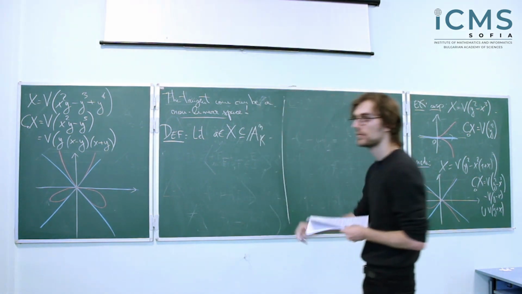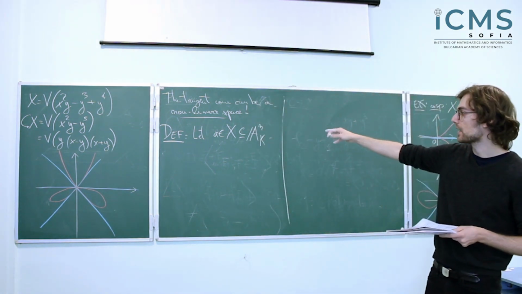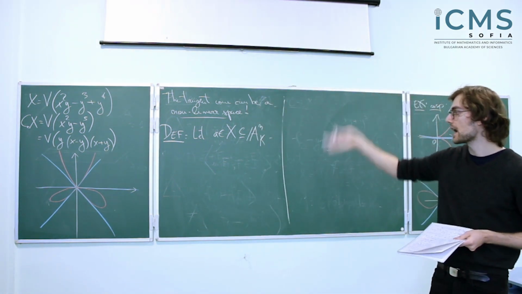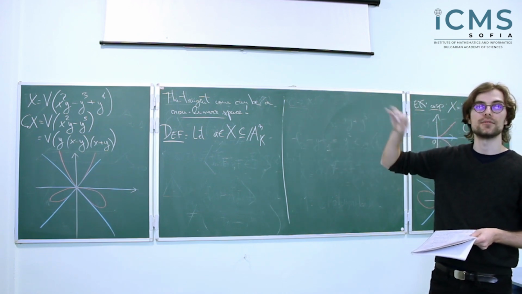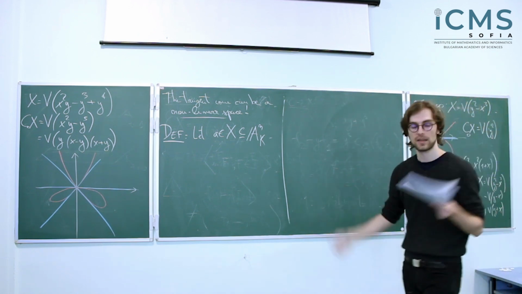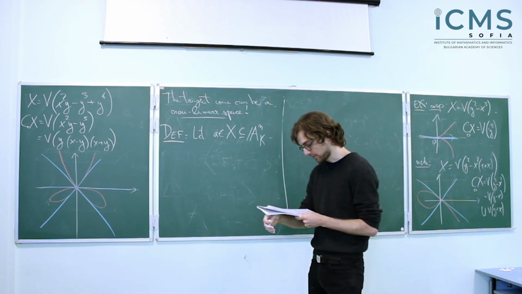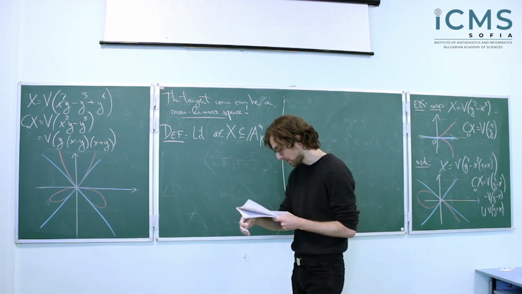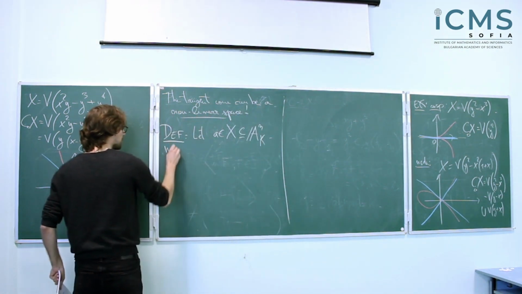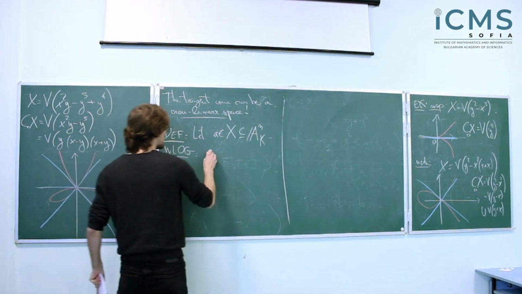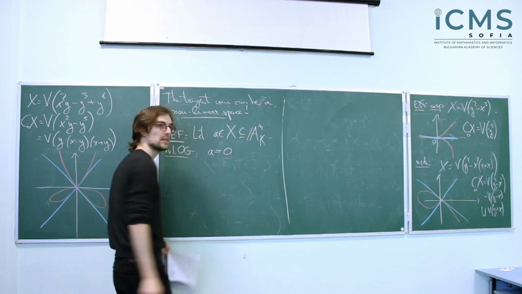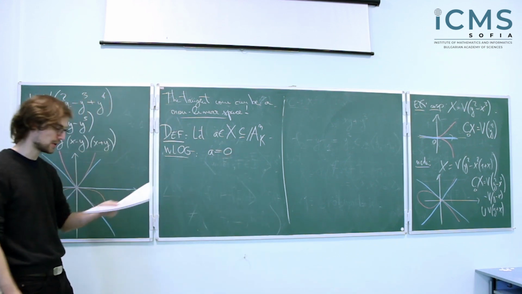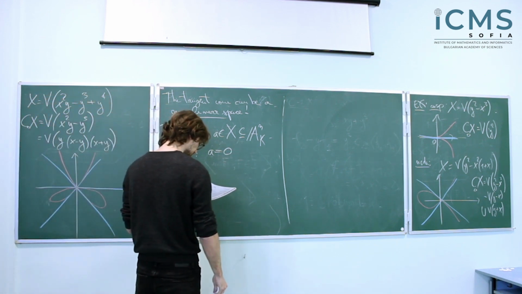Remember, this is how we constructed the projective plane and discovered affine charts. This is what I was referring to. So, as we already did, we can assume that a is equal to 0 without loss of generality.